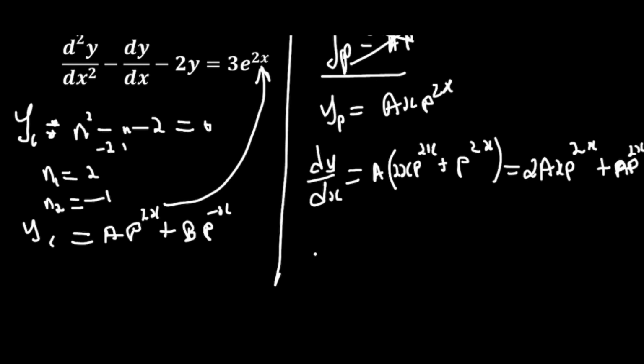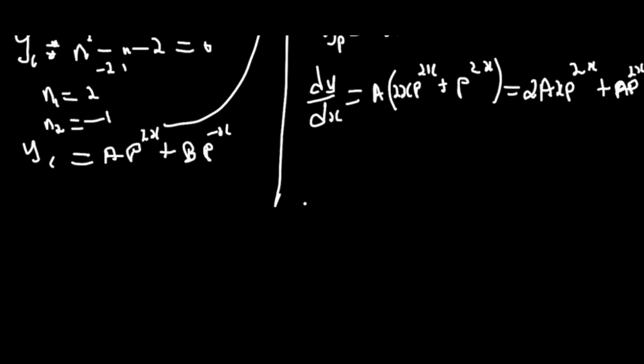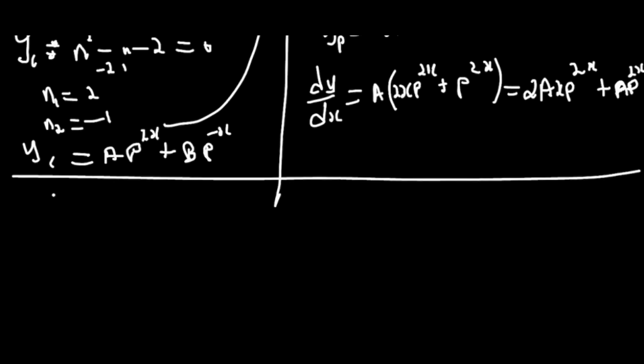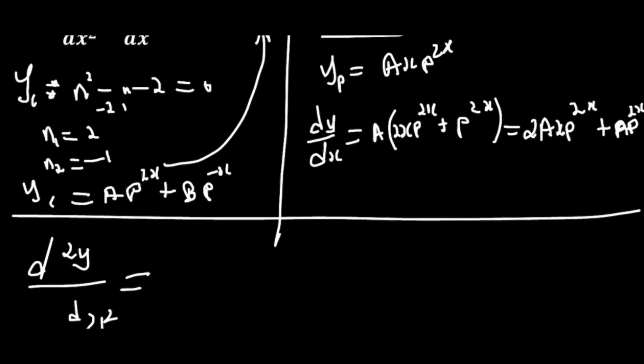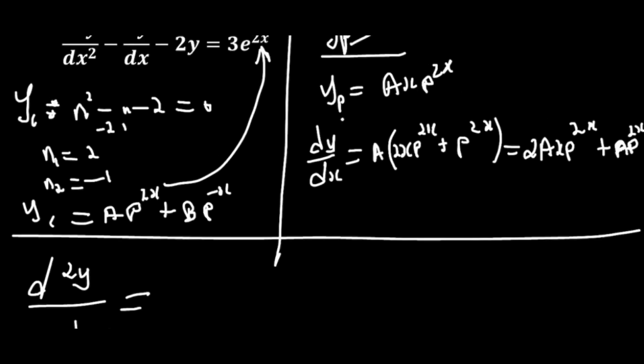Now looking at the second derivative of this function, which will be d squared y all over dx squared. Here we see that 2ax e to the 2x is exactly our y particular up here, just with a multiplicative factor of 2.